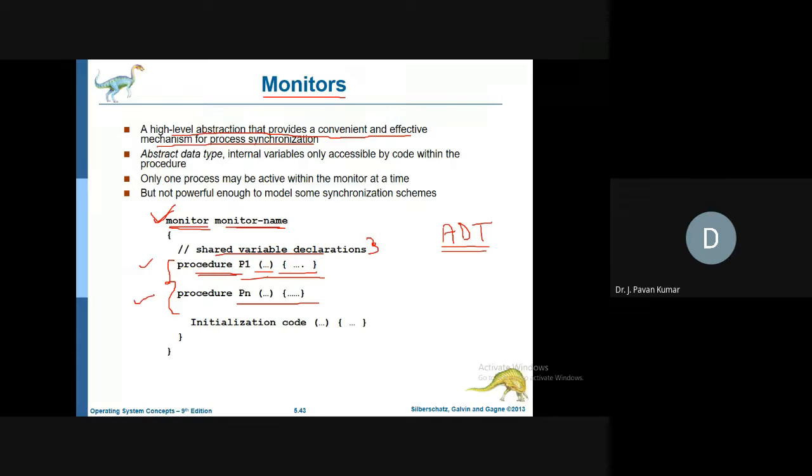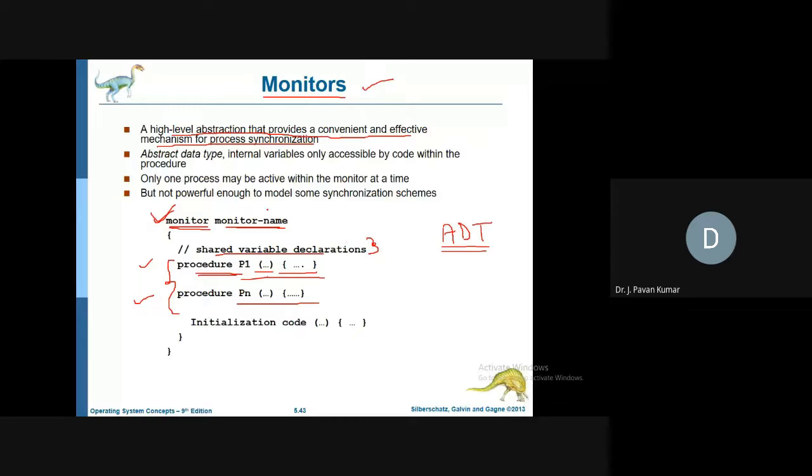Even though programmers are allowed to use these procedures, they cannot modify the code within them. So mutual exclusion will be ensured, process synchronization will be ensured, and deadlocks and starvation problems can be avoided. This is the solution proposed by using monitors.